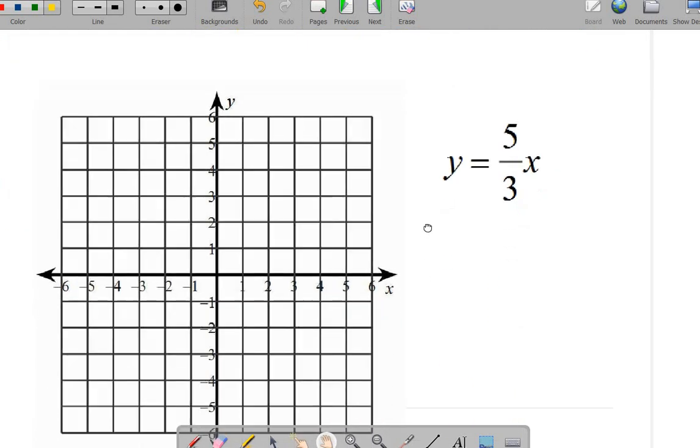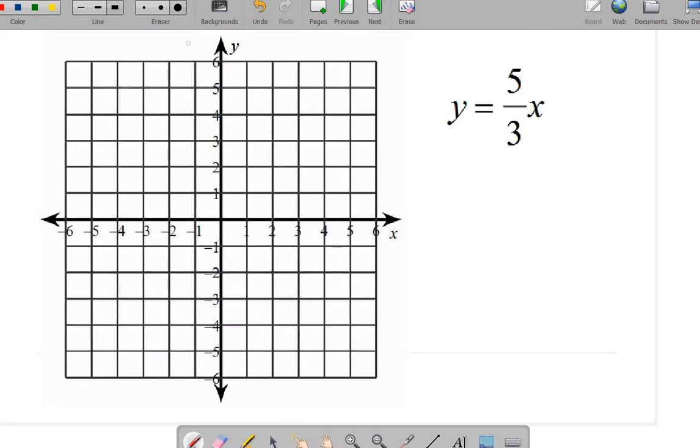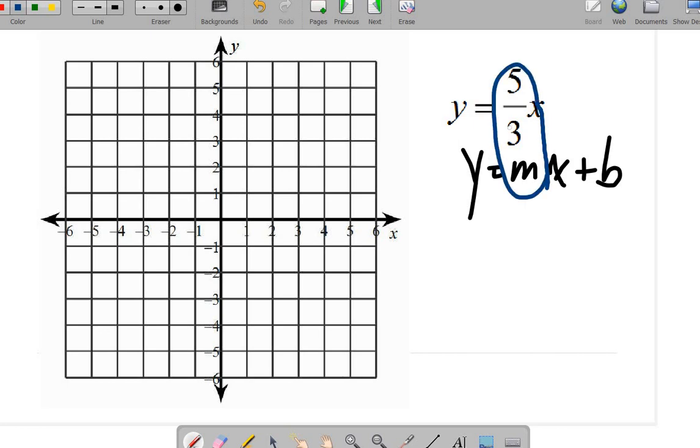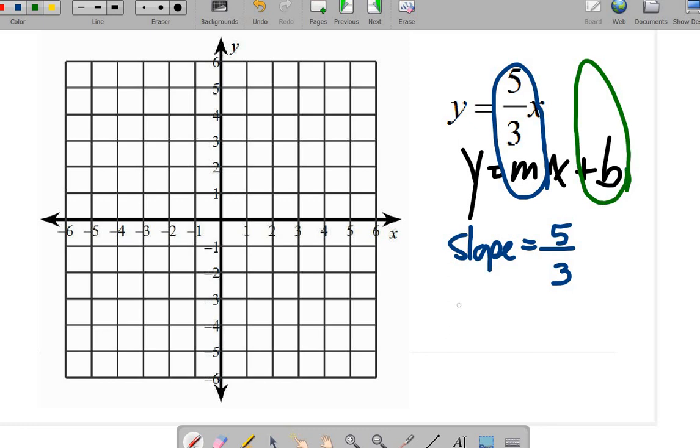Let's try another one. Now for this one, you start with the equation. Our slope, let's circle it. Our slope is 5/3, and then you go like this, and you're like, there's nothing there. So when there's nothing there, it is 0. So for this line, our intercept is actually 0. So we start at 0.